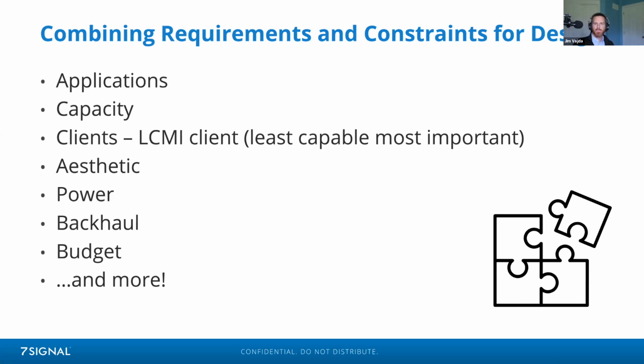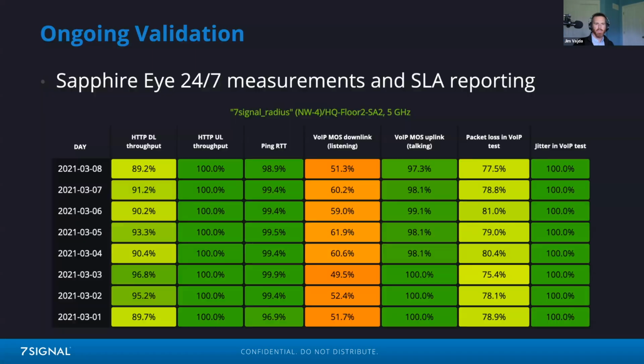All right, so after the design is done, I think I might steal a little bit of Eric's thunder here, so apologize for that. But we can monitor with our Sapphire Eye.